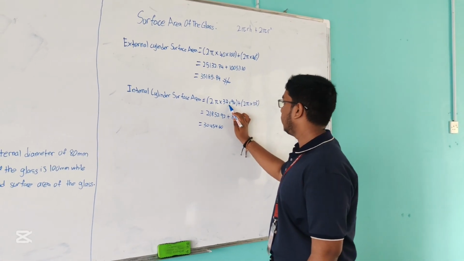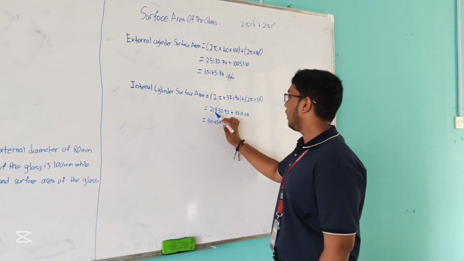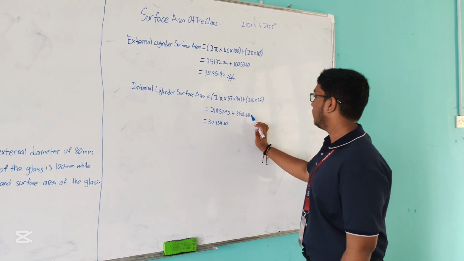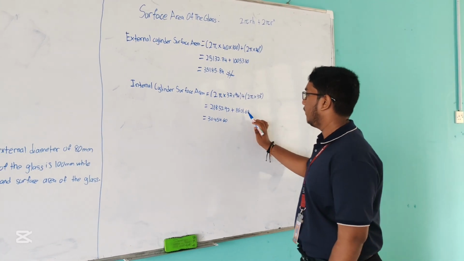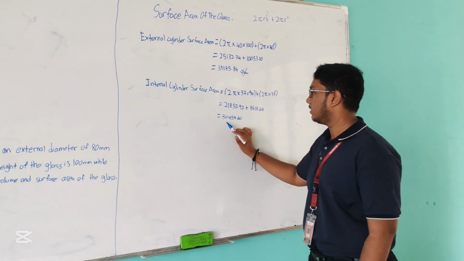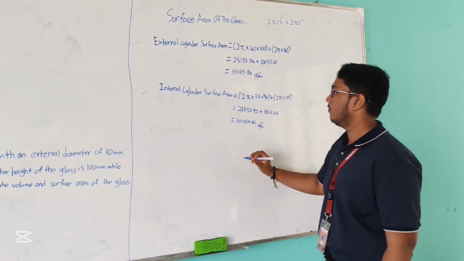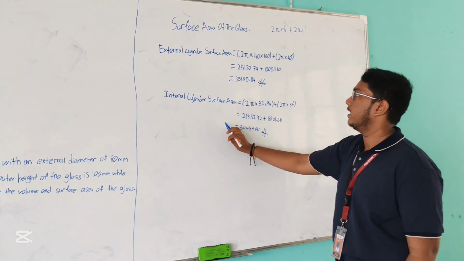This will get 21852.92 plus 8601.68. Adding both, we get the answer 30454.60, the internal cylinder surface area.